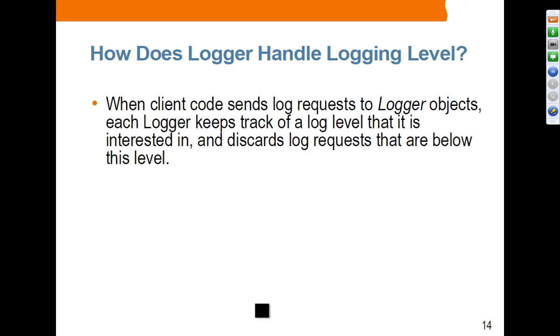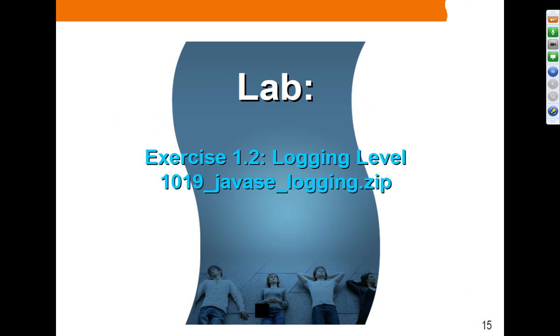When the client code sends a log request to logger objects, each logger keeps track of the log level that it is interested in and discards the log requests that are below that level. So it's going to keep track of only the log requests that are at or above the default level.